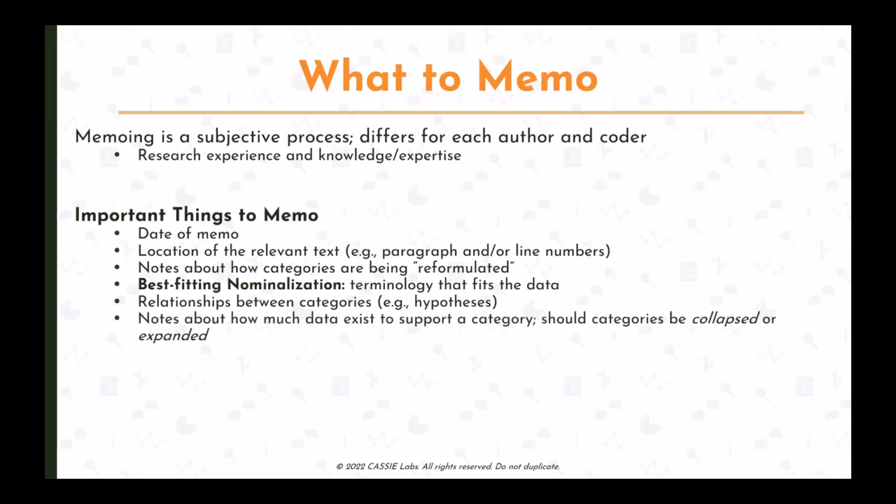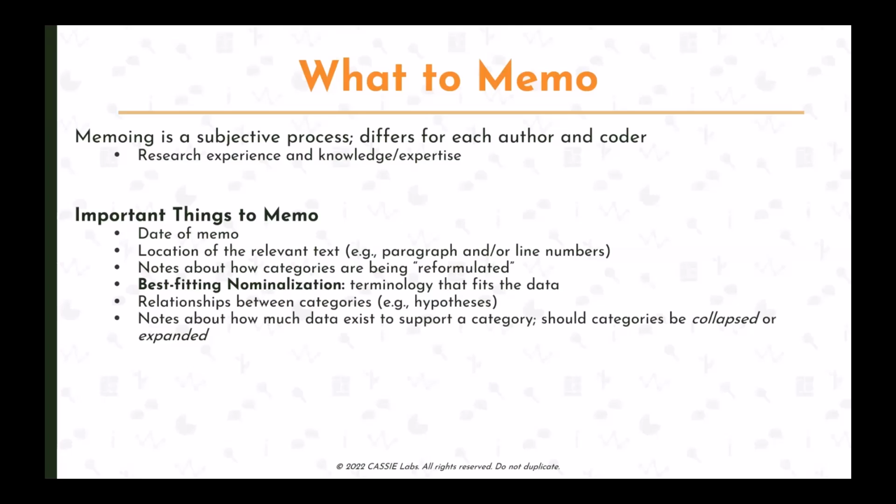We want to write down moments where we ask, do these categories really matter? Should we collapse multiple categories into one category? Maybe domination and authoritarianism and individualism are all reflecting one whole thing that we can collapse. Or maybe those things are so different that we need to expand them. So maybe it's not just domination.